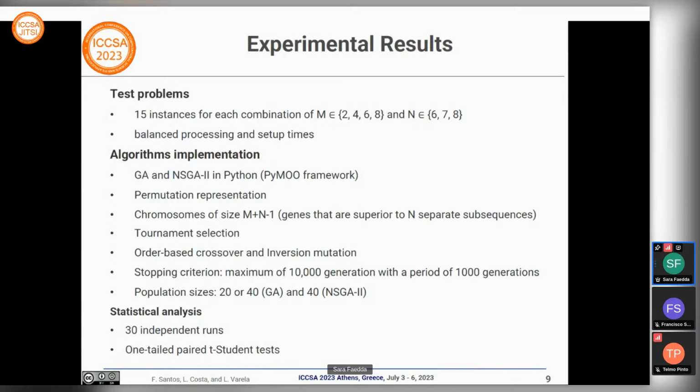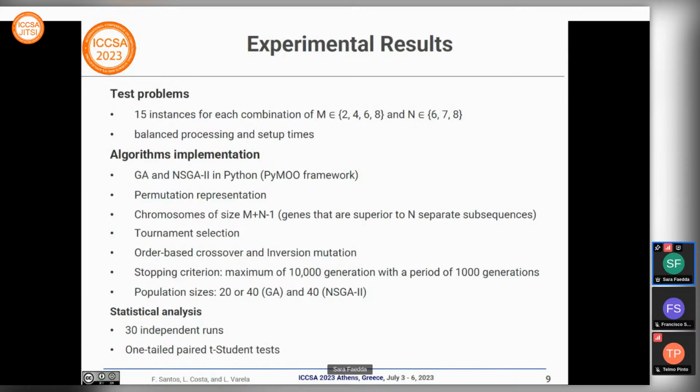We adopted a population size of 40 chromosomes for the multi-objective problem. These algorithms are stochastic, so we performed 30 independent runs, and then we analyzed the results statistically using one-tailed paired Student's t-tests.